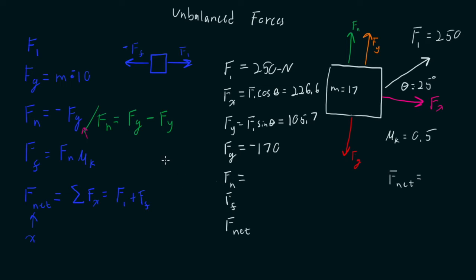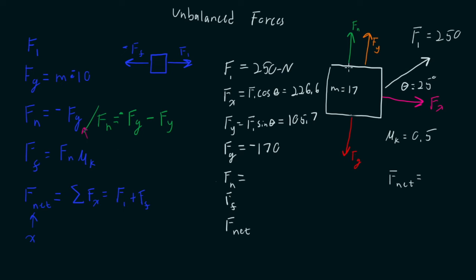And now we've described force of gravity as being negative. So how can we write this to make sure that our Fn will be the opposite sign of our force of gravity? If I want my signs to be correct, I need to make Fg a negative. Okay, so let's try applying that.